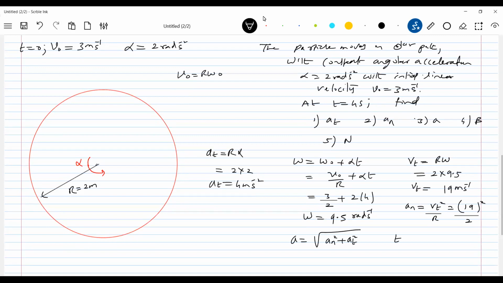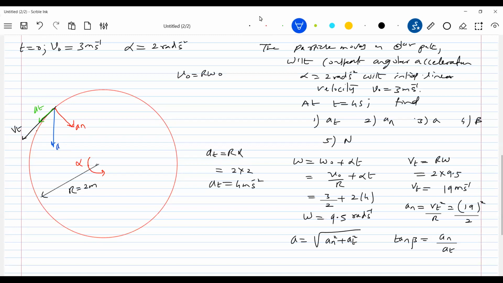And then tan beta. What is tan beta? AN by AT. Somewhere here, I'll show a rough diagram. This will be the V tangential, this will be the A tangential, this will be the A normal, and the total acceleration vector will be somewhere here like this.